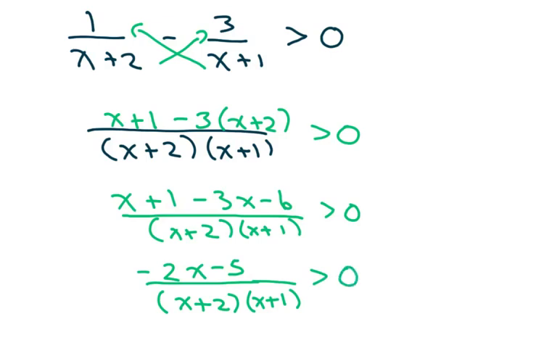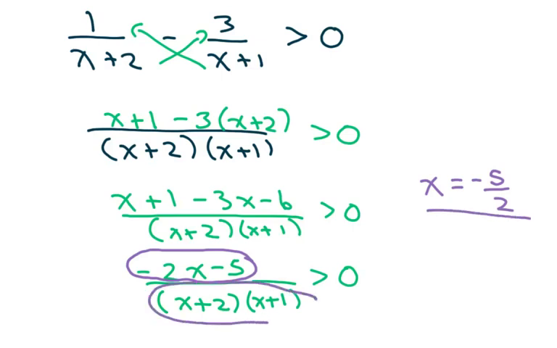All right, so when we look at this, we're looking for our zeros. So that means you set your numerator to 0, and that's going to give you x equals negative 5/2 when you solve for x. And then we also want to look for where we have our vertical asymptotes, and that's where x is undefined.